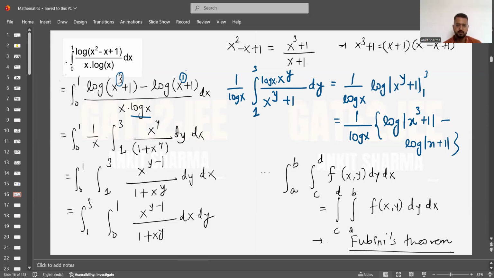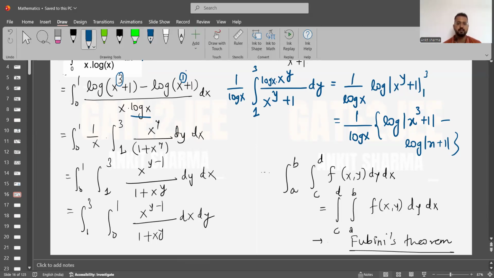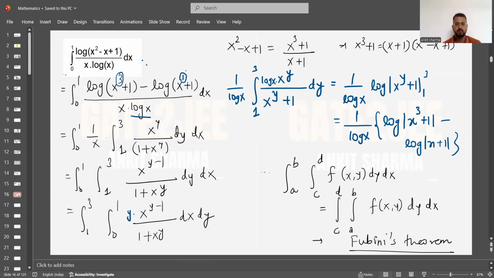When I'm integrating with respect to x, this is 1 plus x power y, and its derivative would be x power y minus 1, but then y will come. So I'll multiply and divide by y. So y is now here, and 1 upon y is here to balance it, because when I'm integrating with respect to x, y is acting as a constant. Here I played the reverse thing.